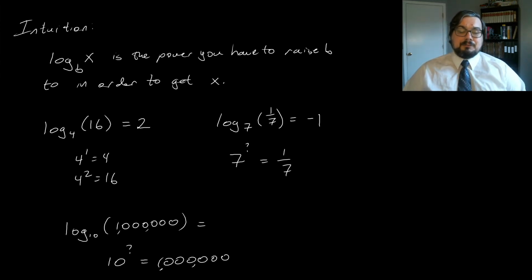So 10 to the first is 10, 10 squared is 100, 2 zeros, 10 cubed is 1,000, 3 zeros, and so forth and so on. So that means that 10 to the sixth is 1 million, which means that the logarithm with base 10 of a million equals 6.